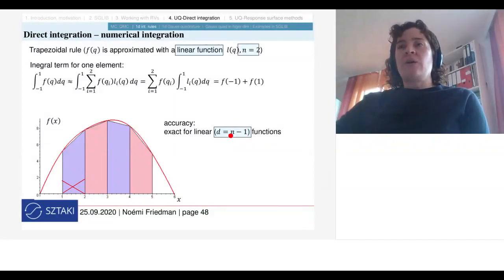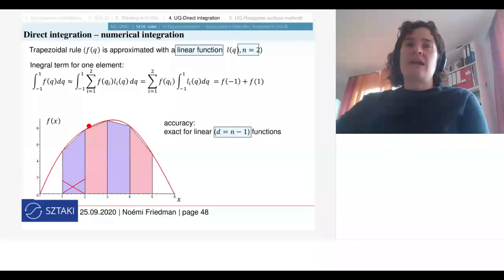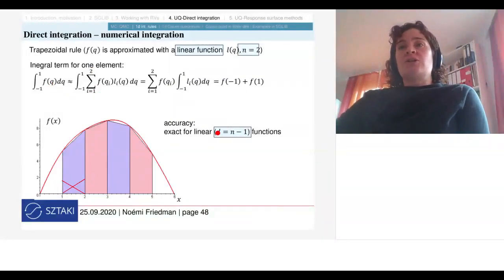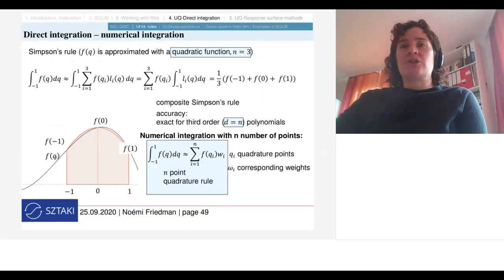If I have n points, for example, now I said 2 points, then I have a linear approximation of the function. So I can compute the integral term exactly if this integrand f of q is actually a linear function. So this is the accuracy of the integration rule, which for the 2-point rule is simply 1, because I can only compute exactly linear functions.